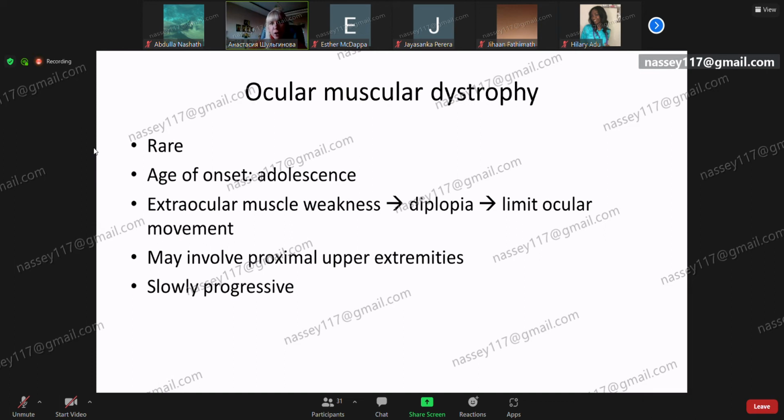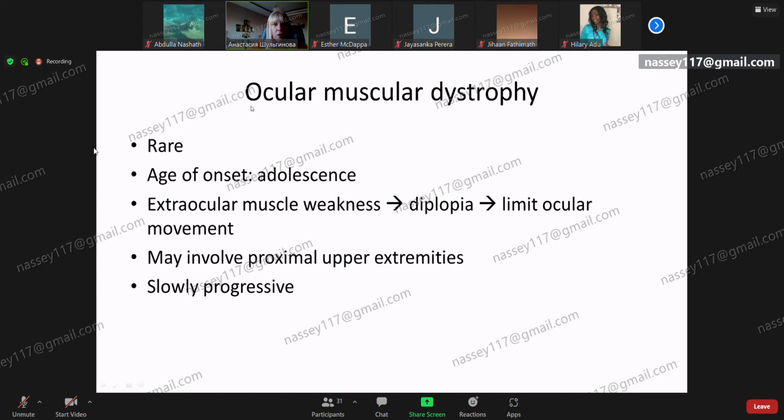It absolutely closes the receptors and we can see a negative edrophonium test. And we will say maybe this is not myasthenia gravis, the edrophonium test is negative, and it was one of the diagnostic criteria. Maybe this is ocular muscular dystrophy, yes? That is why we need to differentiate closely.